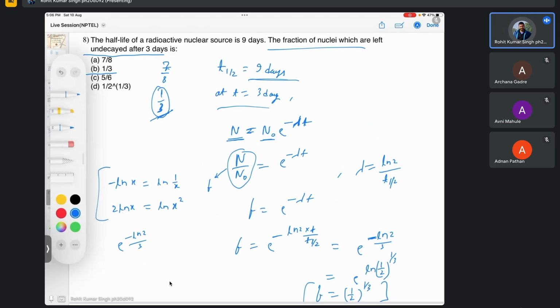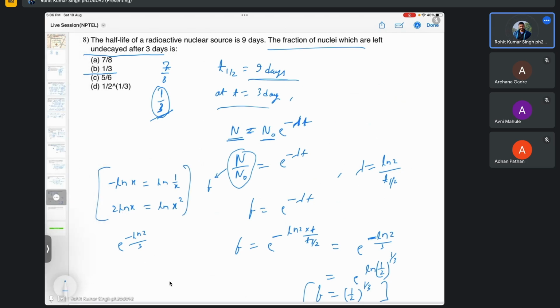So I've used these two here, and I got this. So I hope it's clear. So D is the correct answer, rightly guessed by Adnan.